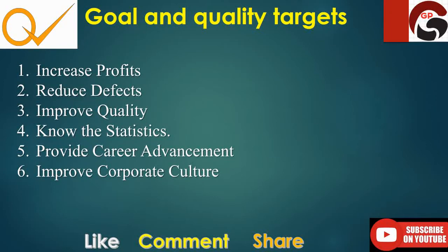So before taking any project or identifying any inefficient process, you need to know how many of your products are defective, or if it is a service oriented industry, you need to understand where your service falls short. So you need to collect the data of your process, and you need to have data of your competitors, and do a benchmark study to understand the gap and fix the target.